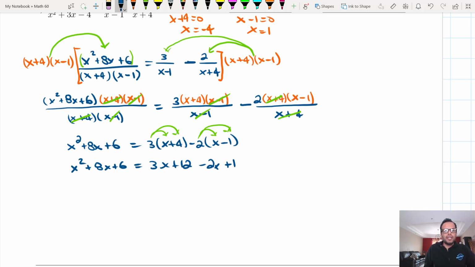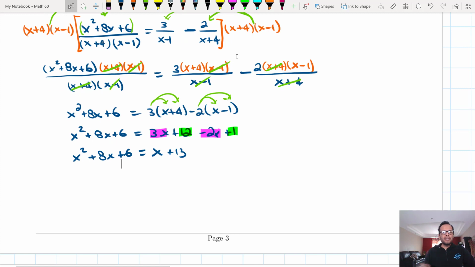Okay, now let's combine like terms on the right-hand side. 3x minus 2x. Let's highlight what we are combining. x's with x's, that's just x. And pure numbers with pure numbers, that's 12 and 2, that's plus 14. Okay, and keep the same on the left-hand side.